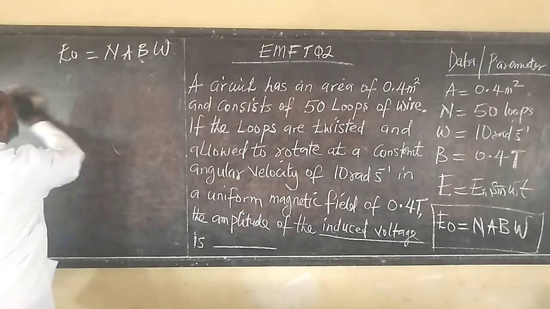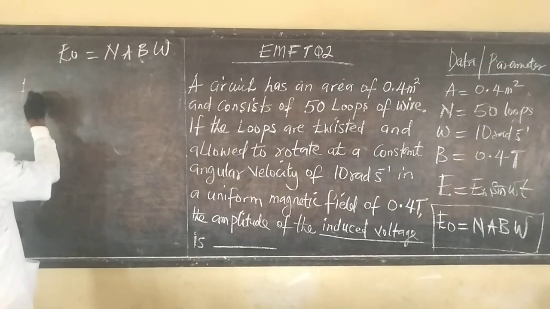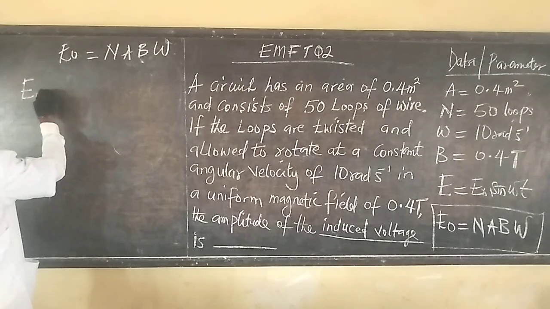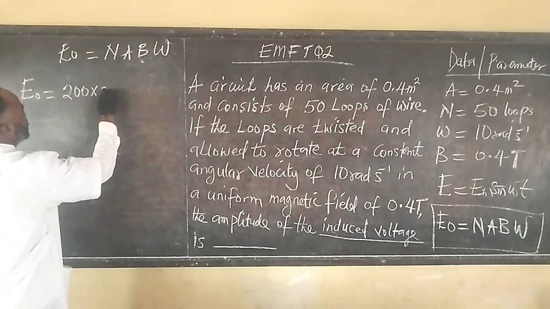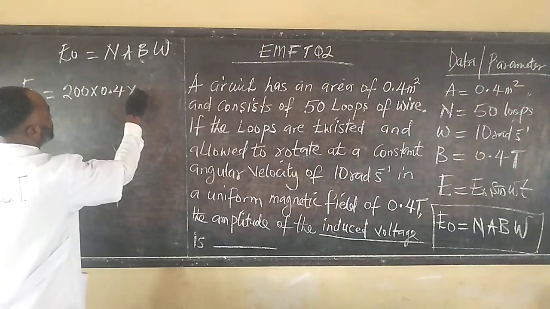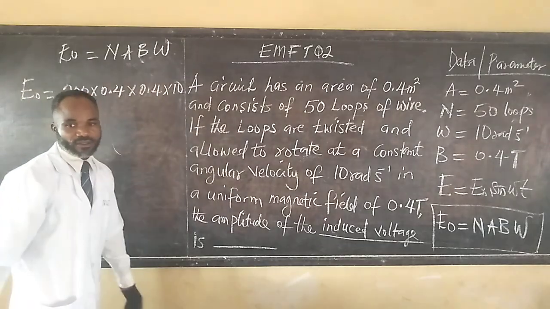So E naught is equal to 200 times 0.4 times 0.4 times 10. Good.